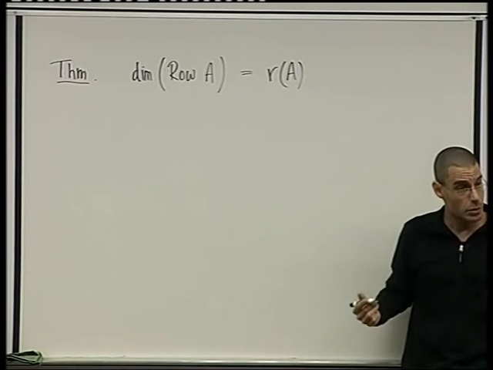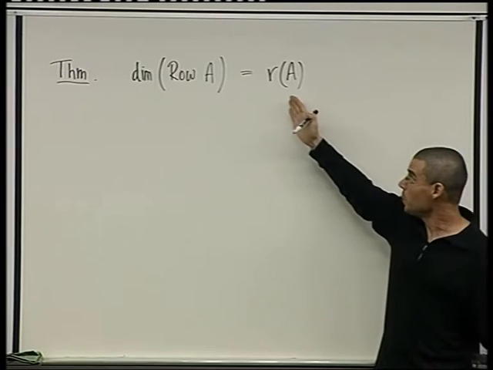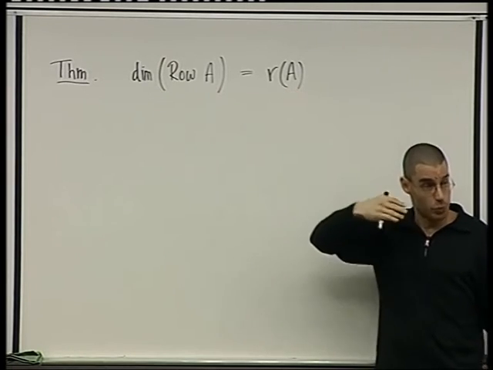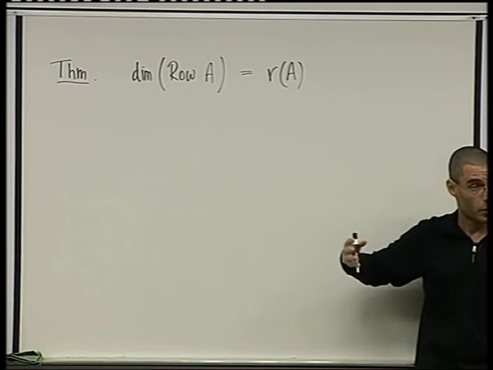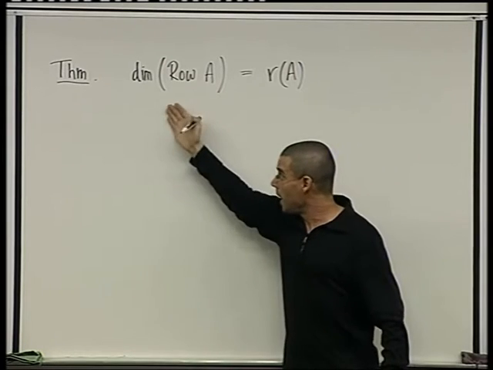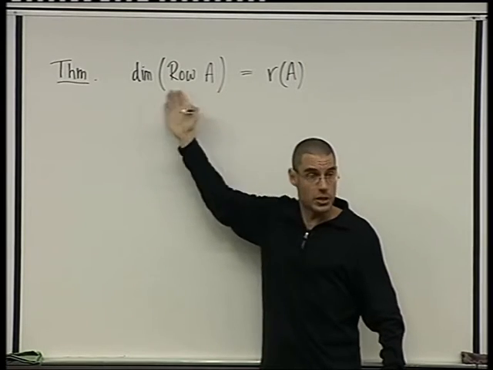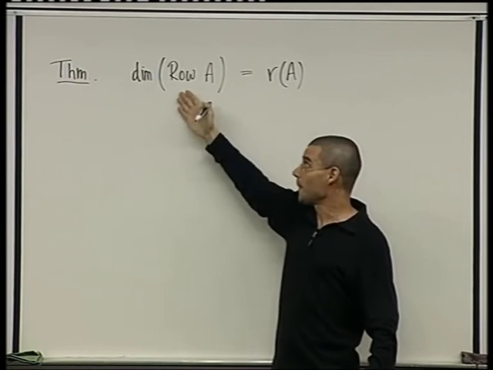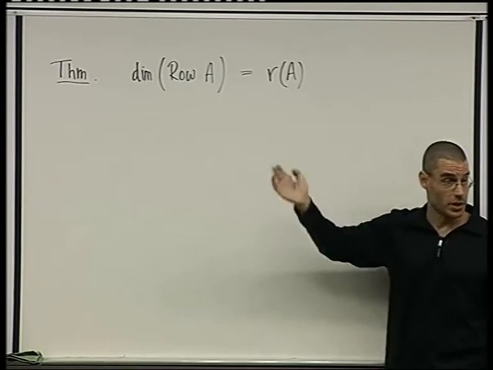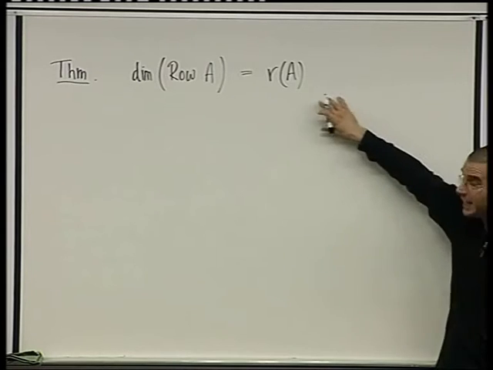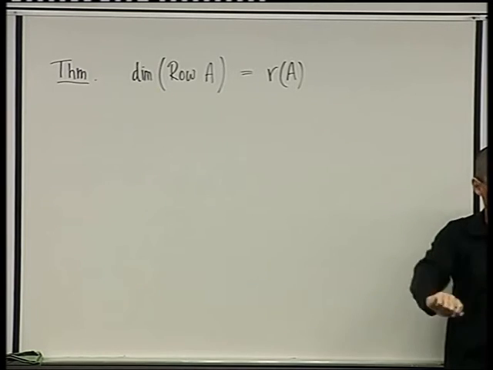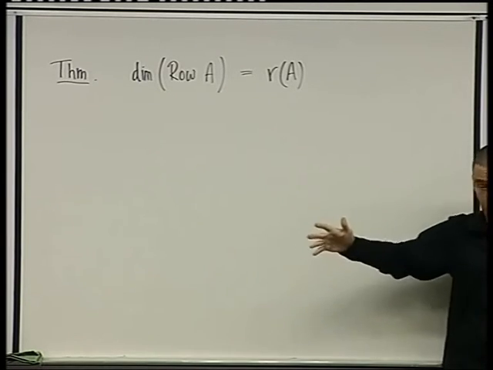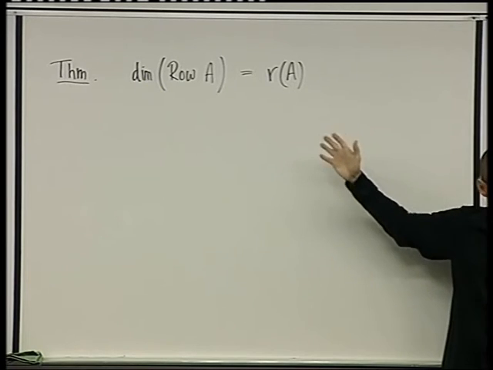The reason we didn't do it that way is because we discussed the rank and its role in solving equations and so on much before we mentioned vector spaces and in particular bases and dimensions and all these properties that we're going to need. So we defined the rank as something very tangible. Do the row operations and look at the number of non-zero rows.